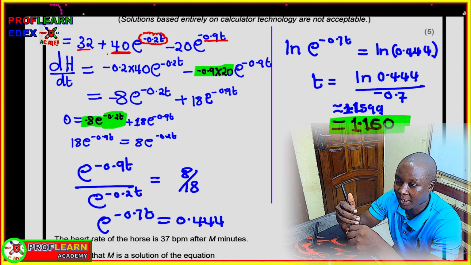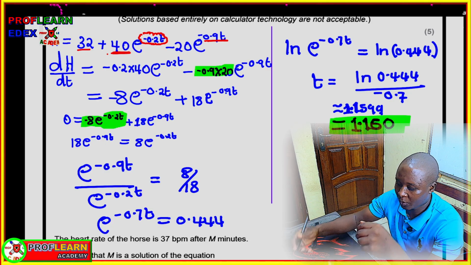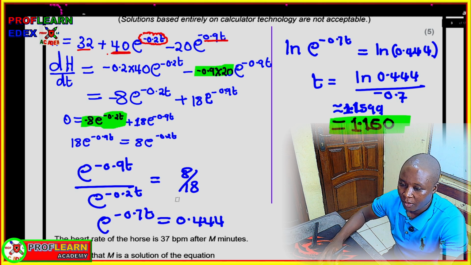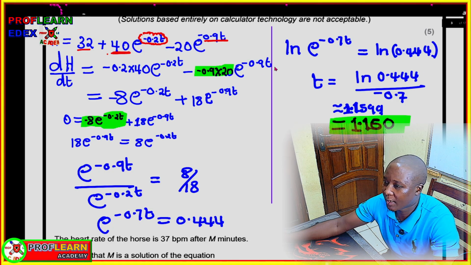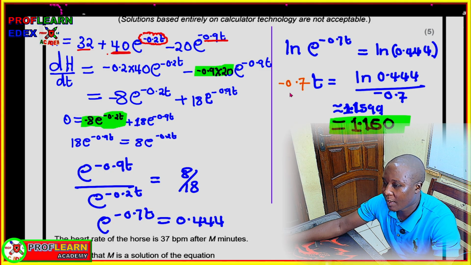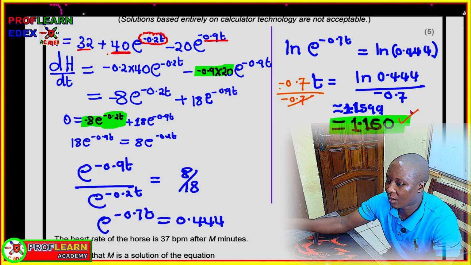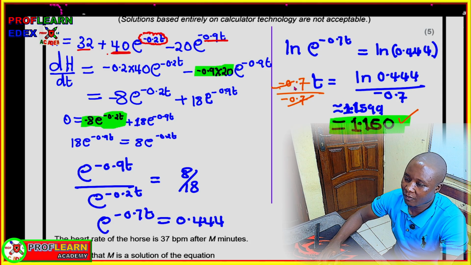Introducing natural log both sides, you'll have ln of e is to negative 0.7t, and it is going to reduce to negative 0.7t. Then you divide by negative 0.7 both sides. That's why you can see this cancelling out, and if you work it out, you will have your final answer given like that.